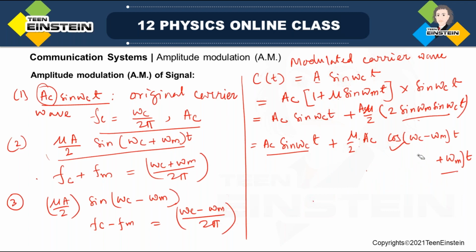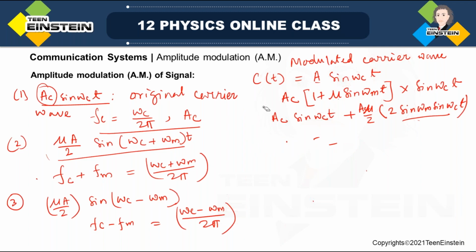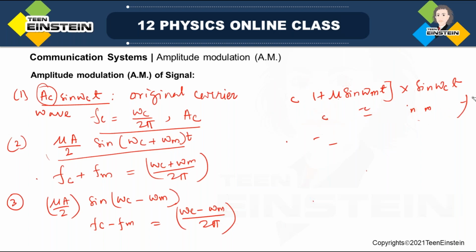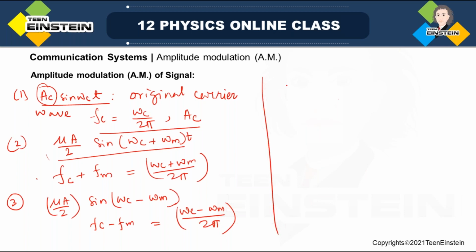You can see the frequency which is greater than the original one is called upper side frequency band, and the frequency which is lesser than the original carrier wave is called lower side band.